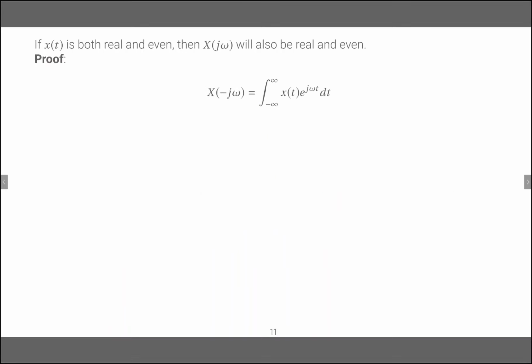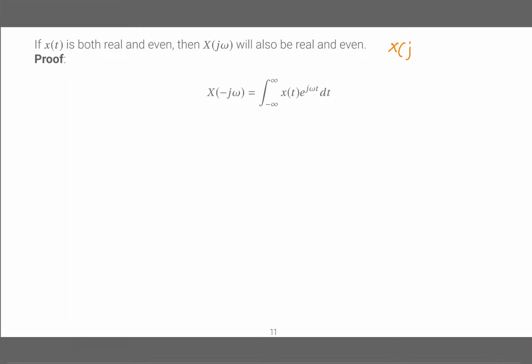Okay, if x t is both real and even, then what is the situation? Then x j omega will also be real and even. So let's have a brief proof of that. Consider x minus j omega, real and even. For a real signal x t, we have x star j omega equal to x minus j omega.